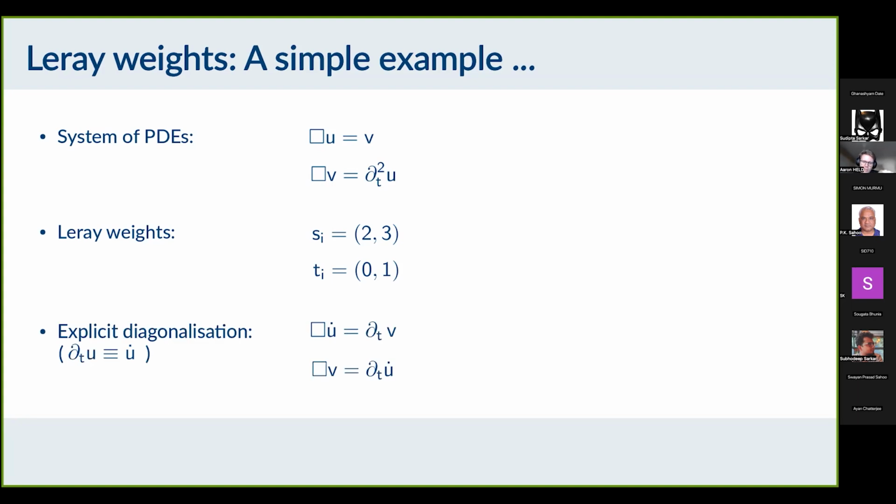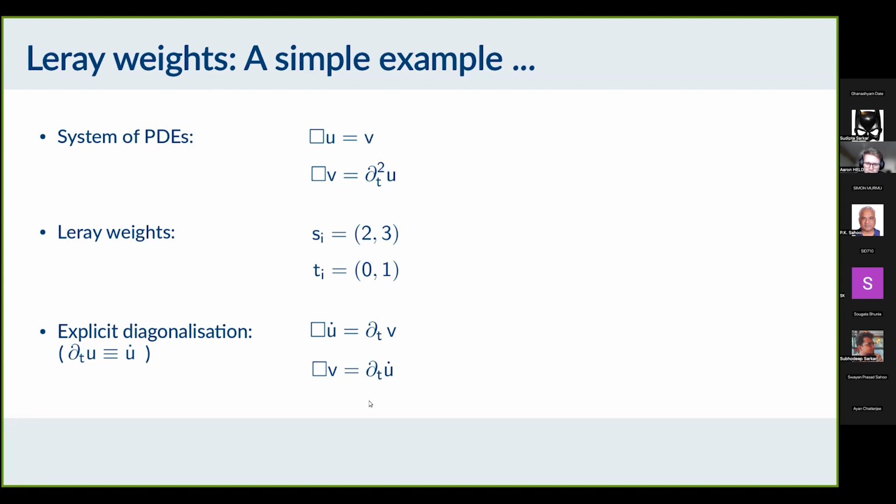So in this particular example, you can now use explicit diagonalization. And that is basically what the Leray weights tell you. You can take one extra derivative of your first equation, so I'm introducing a dt of u, which I just label as a new variable u dot, right? And then the first equation is just box u dot dtv, taking another derivative of that equation and considering flat space and just commuting all the derivatives.